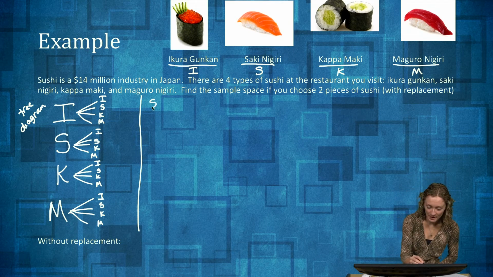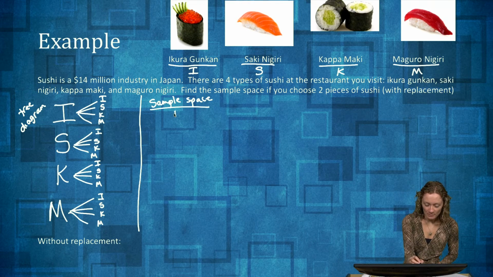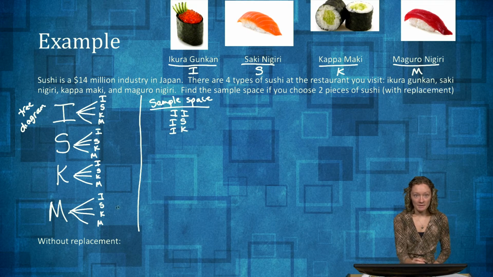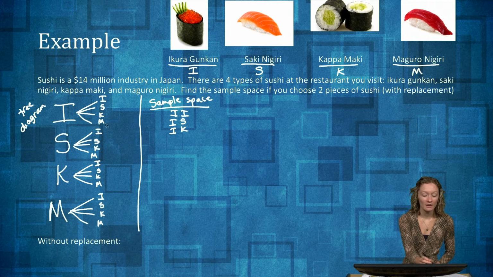So the sample space is the formal list of what our options were. The sample space looks like this. We could have picked first Ikuri Gunkan, then Ikuri Gunkan, or Ikuri Gunkan and then Sake Nijiri. Ikuri Gunkan, Kappamaki. It's the exact same information, just presented in more of a formal list format instead of the tree of here's first selection, then second selection, and then maybe third, fourth, whatever it might be.